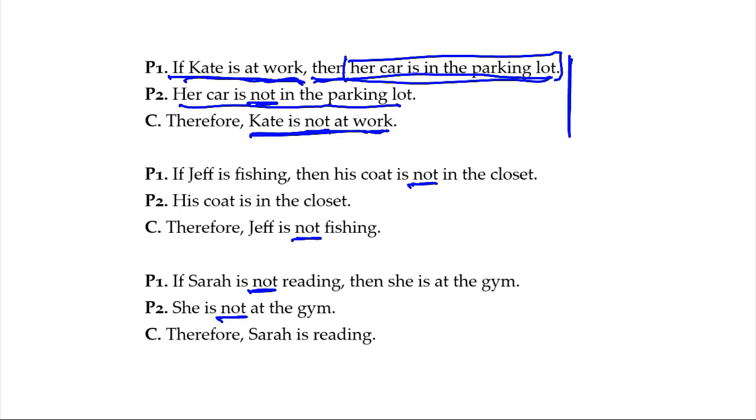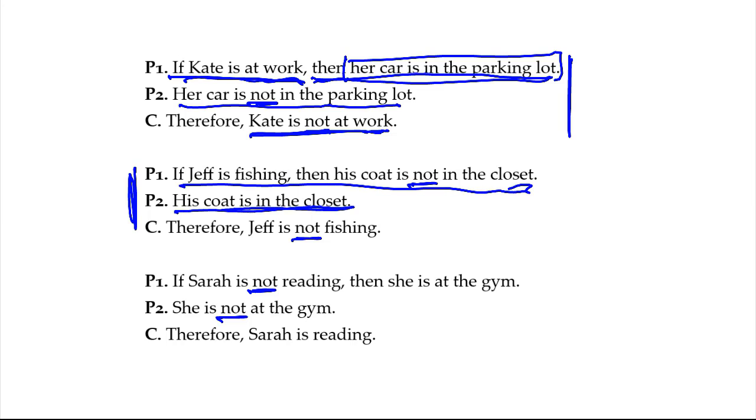Next, this argument here. Okay, if Jeff is fishing, then his coat is not in the closet. Then our other premise says his coat is in the closet. Okay, so notice that his coat is in the closet is the denial of our consequent here. Our consequent says his coat is not in the closet.